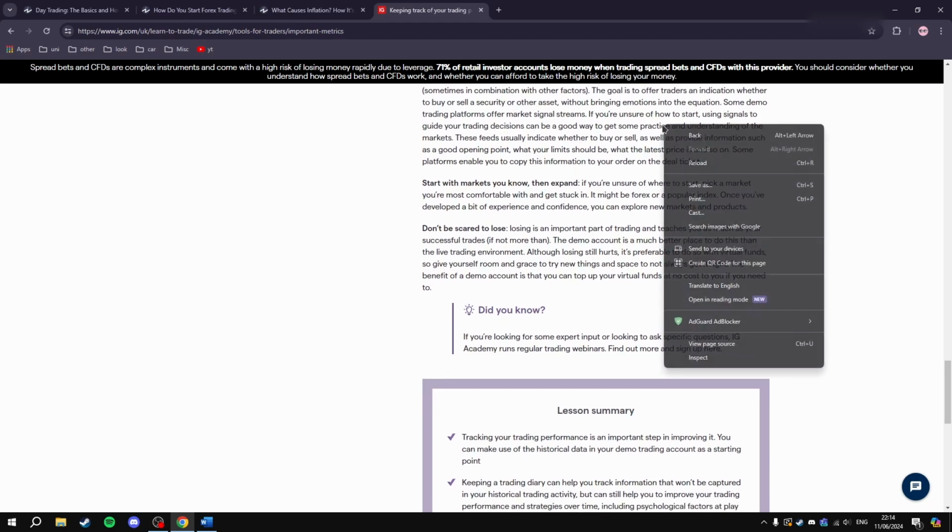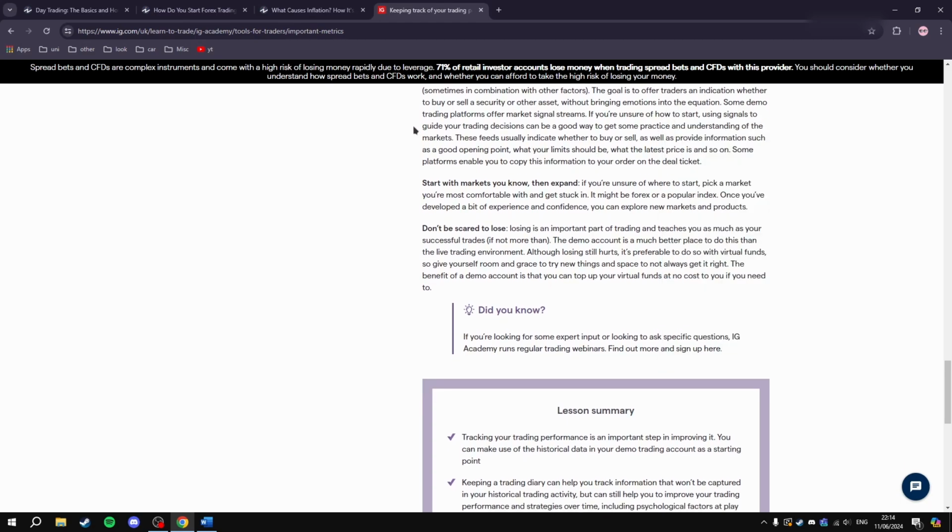The goal is to offer traders an indication whether to buy or sell a security or an asset, without bringing emotions into the equation. Some demo trading platforms offer market signal streams. If you're unsure how to start, using signals to guide your trading decisions can be a good way to get some practice and understanding of the markets. These feeds usually indicate whether to buy or sell, as well as provide information such as good opening points, what your limits should be, what the latest price is, and so on.